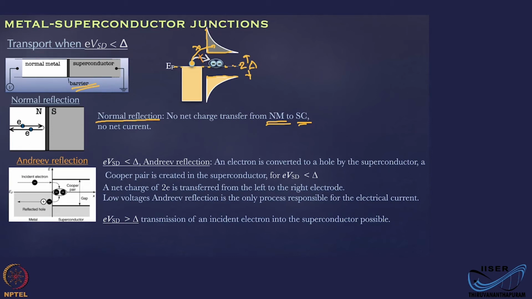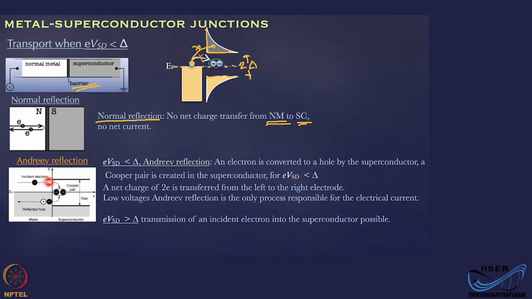But then there is another interesting process, which is called anti-reflection, which is the only way you can run a current from a normal metal to a superconductor when the voltage is small, when the voltage is less than delta. This process is called anti-reflection. It happens when the applied voltage VSD, or the energy due to the applied voltage, is less than the superconducting gap.